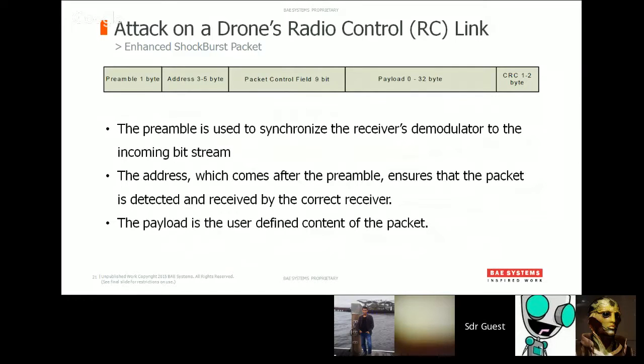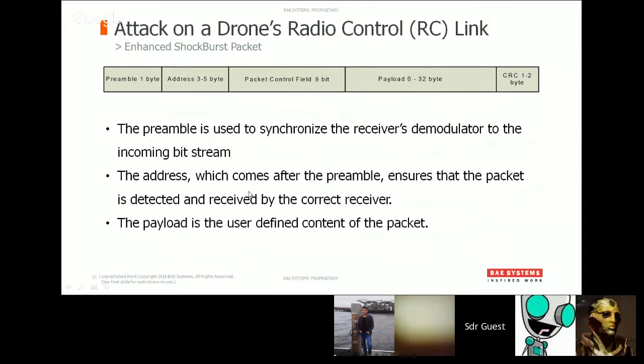And then there's 0 to 22 bytes payload. And at the end, there's a 1 or 2 byte CRC. Probably this knowledge has been covered in the previous presentation, so I just quickly go through it.